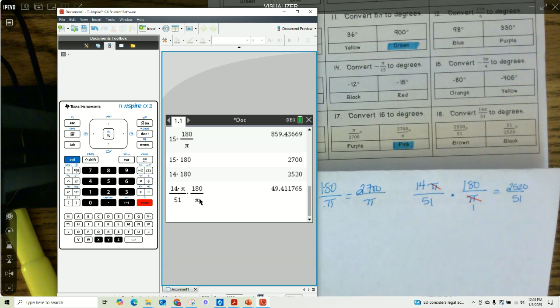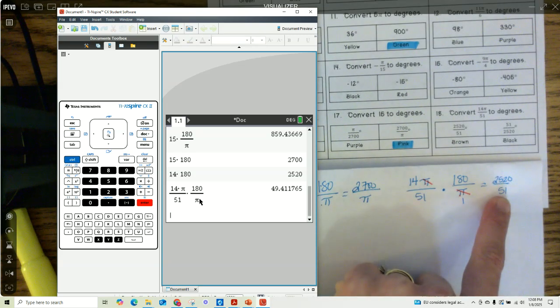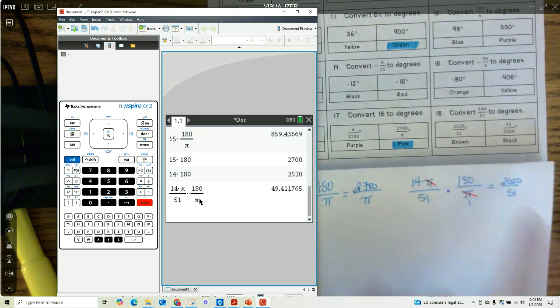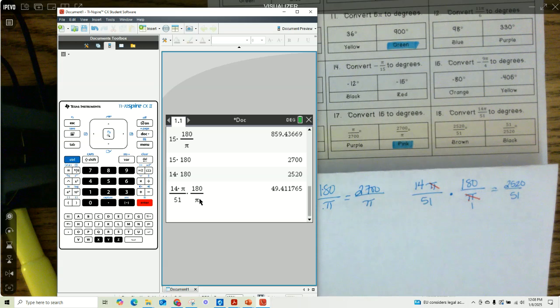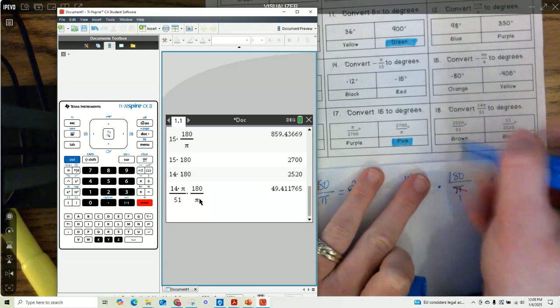Okay. There should be no decimal answers on this page. Let me check and make sure I'm telling you that right. Yep, there are no decimal answers. What your calculator is doing in that one, it's canceling out the pi, but it's changing the fraction into a decimal, even though both things I typed in are fractions. Sometimes it just overrides itself and it does that. So this one is brown.